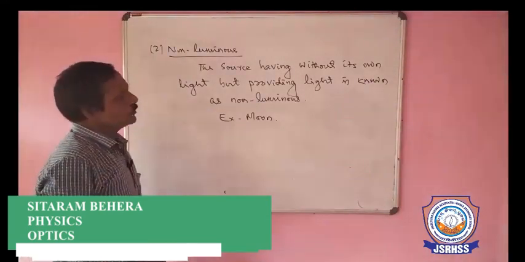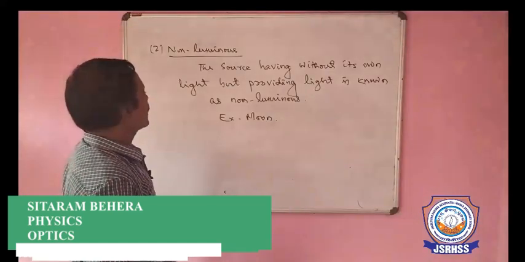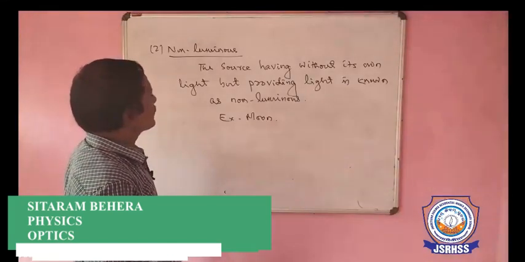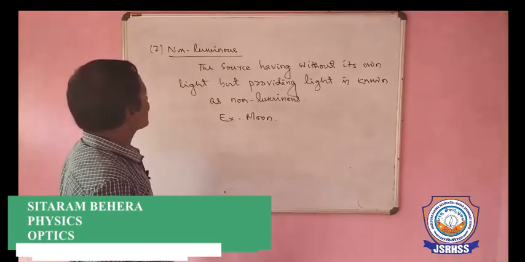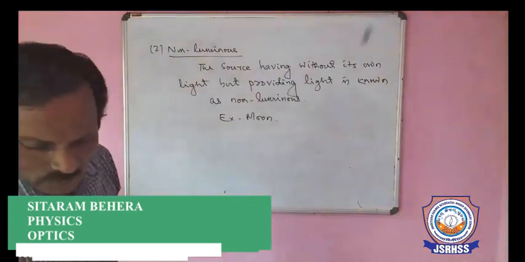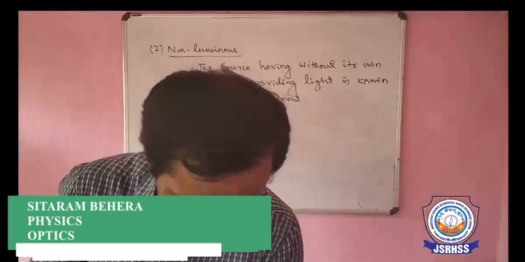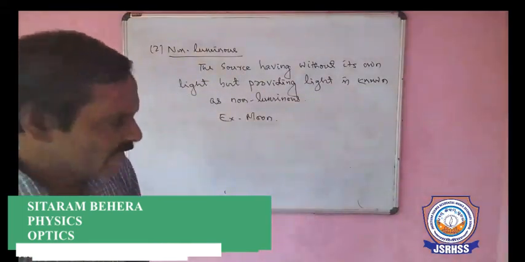So there are two sources of light. One is luminous and the other one is non-luminous. The source having its own light is known as luminous. The source without having its own light is known as non-luminous. Now, medium.